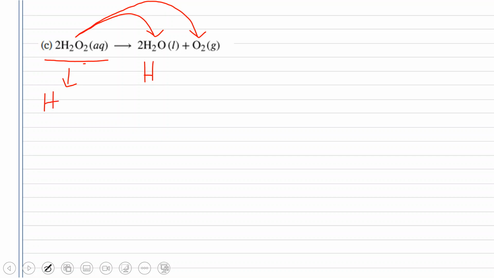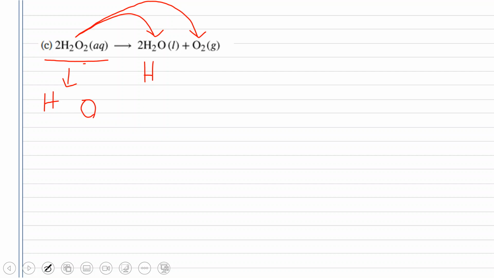Hydrogen had to combine with oxygen. As you can see, there's two. There had to be a reaction or a combination here for hydrogen and oxygen to come together.